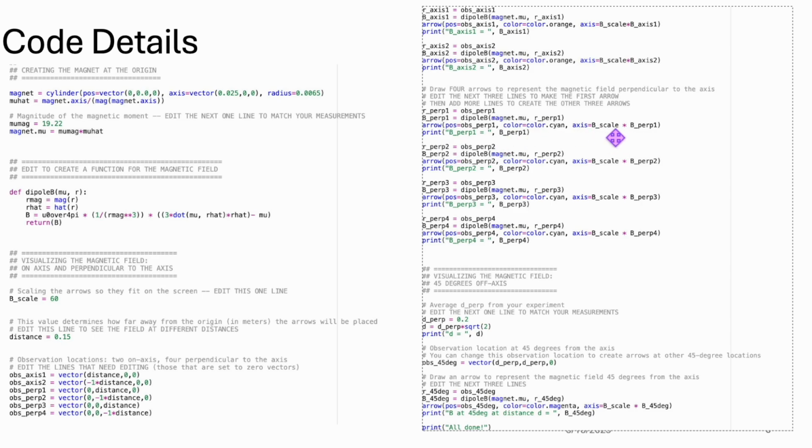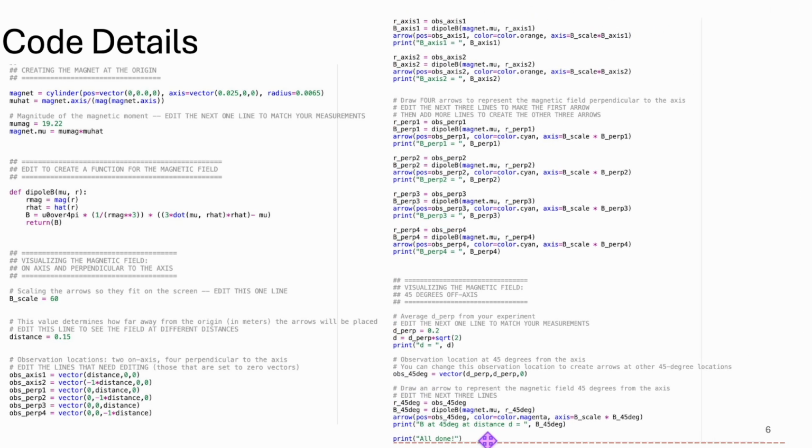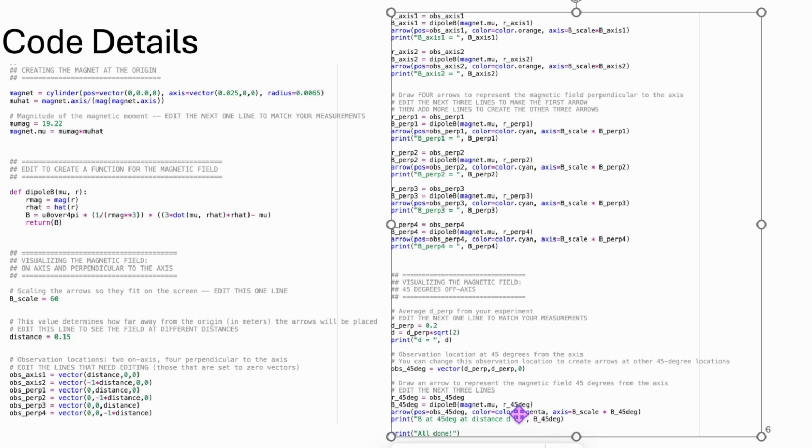We multiplied the B scale times the different B perps to get 4 different arrows. At the end, we are calculating the observation location 45 degrees from the axis, and that is what we print out at the end. Oh, sorry. Over here, we're taking magnet.mu and r of 45 degrees in the dipole equation to get the magnetic field at 45 degrees.